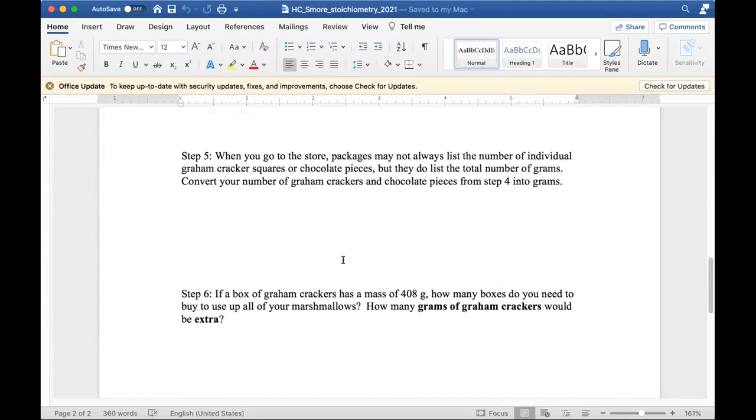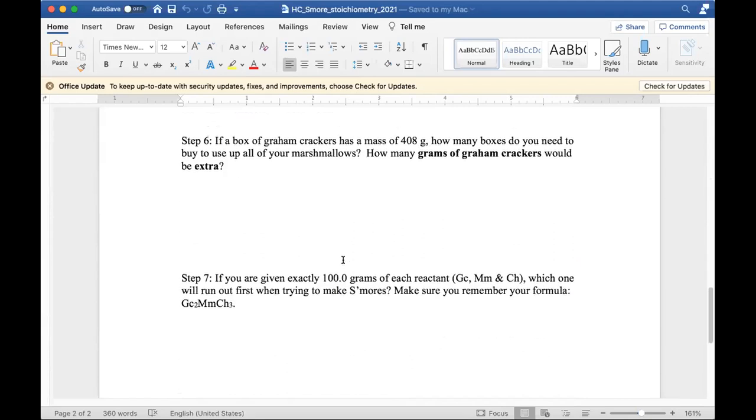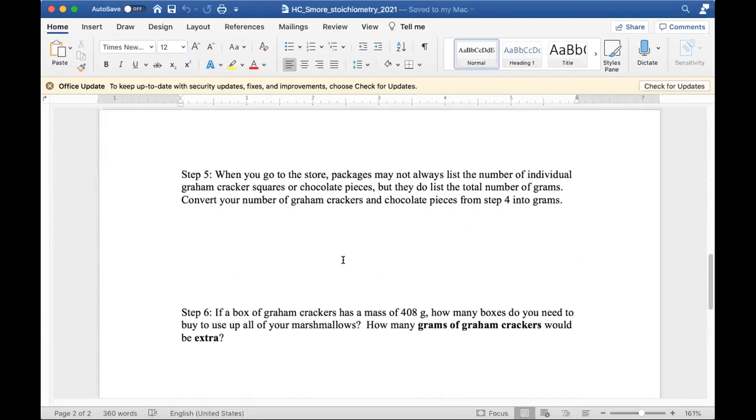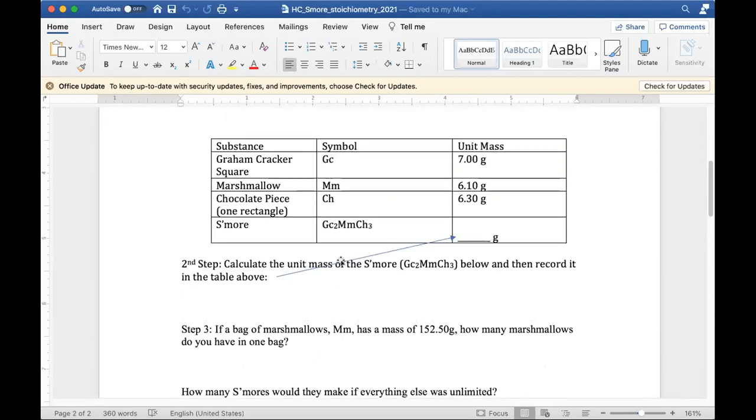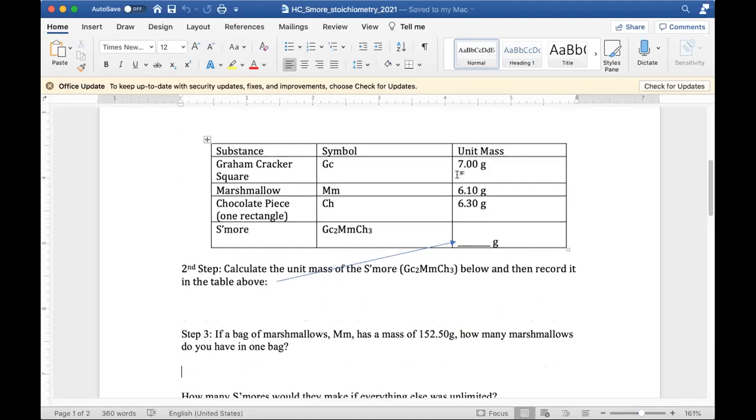And then steps 5, 6, and 7 are similar applications about how many graham cracker or how many total s'mores cookies you could make with the different components: graham cracker, marshmallow, and chocolate. This is similar to a formula mass for a chemical compound, where maybe you're making calcium chloride and calcium has a mass and chlorine has a mass.